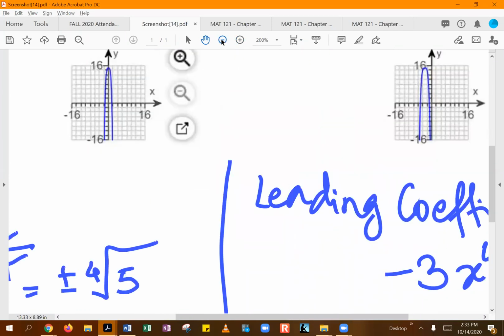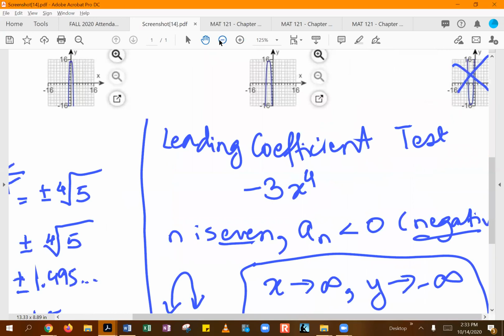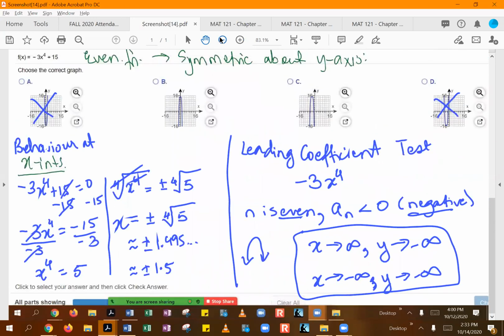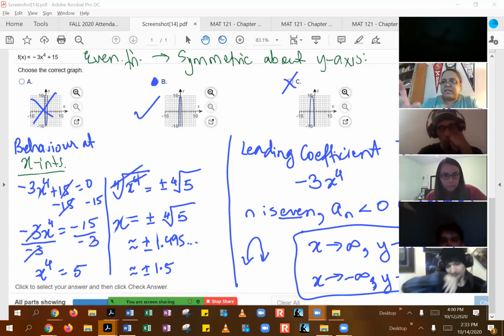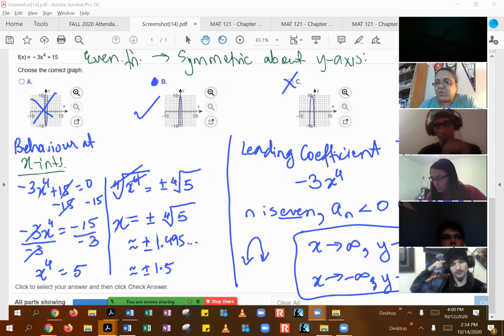So just use these three different tests to help you out. The leading coefficient test and symmetry really were the ones that helped us out here. Behavior at the x-intercepts obviously does not follow the usual rules, but at least you get to see where your x-intercepts would be.